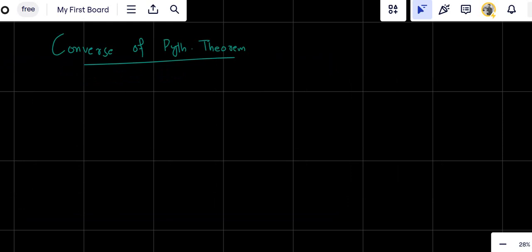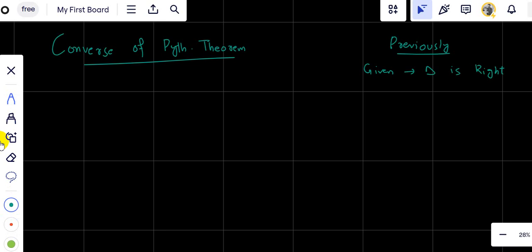So this converse is basically, previously we were doing that we are given that triangle is right, and we are asked to find any missing side.